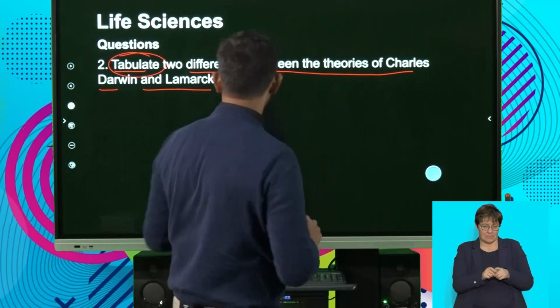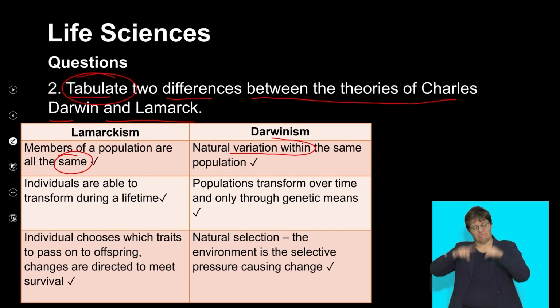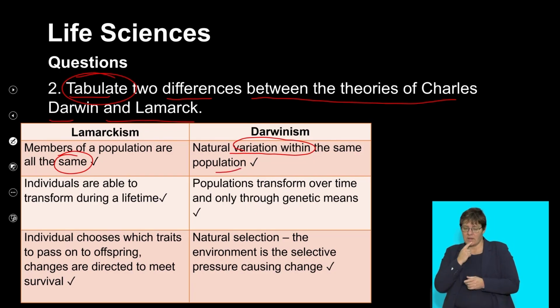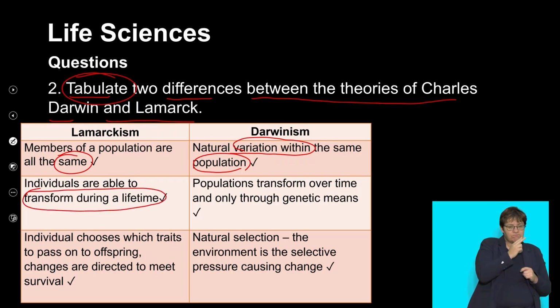So let's try and look at what is the answer for this question. So I've put that into a table, and we know that Lamarck spoke of members of the population being the same. However, Darwin mentioned that there was lots of variation within the population, which he referred to as variation in the species. Lamarck mentioned that individuals are able to change or transform during their lifetime.